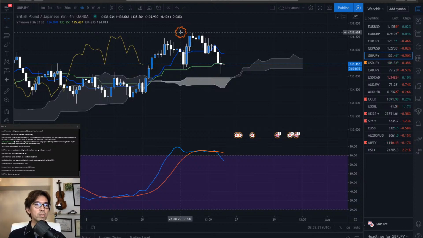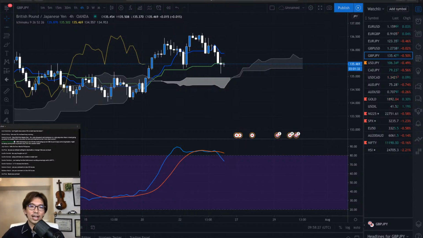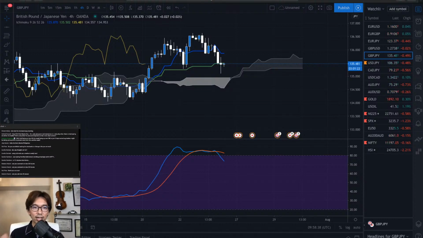Using Ichimoku as a newbie is really hard. Yeah, I think so. I remember I used to use Ichimoku when I was a newbie, and at some point I quit using it. For the first year, I applied Ichimoku theories, but I quit because it was too complicated for me.